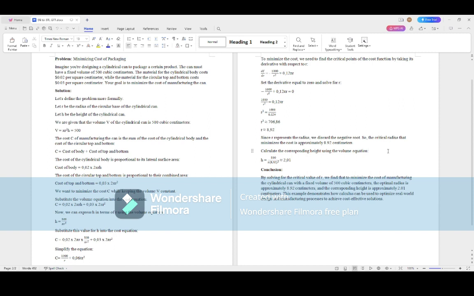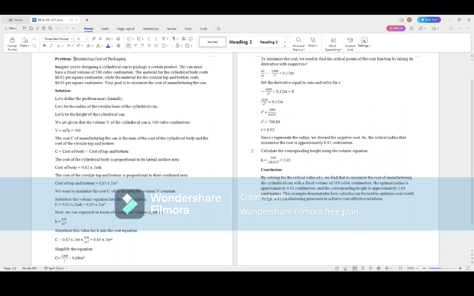Moreover, logistics and transportation: smaller and lighter packages can lead to reduced transportation costs. A small product can be transported in a single shipment. And the last one is consumer appeal. Well-designed packaging can enhance the product's visual appeal and influence consumer perceptions.